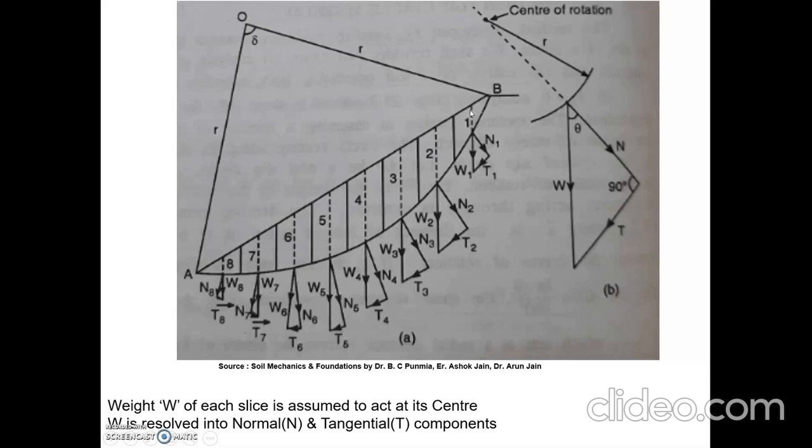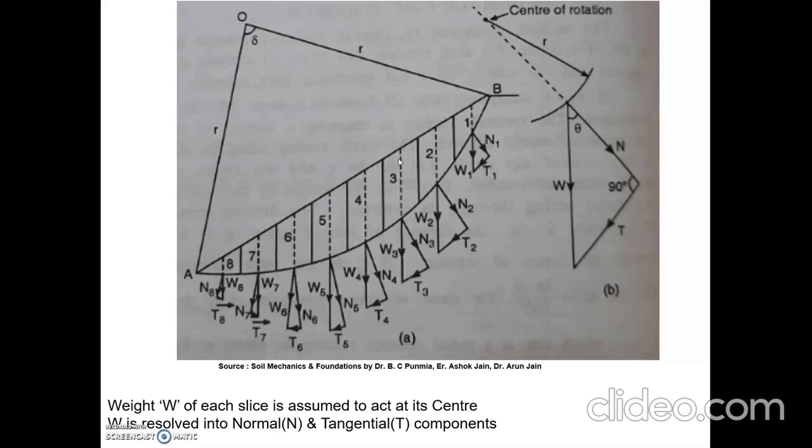So the dotted line indicates the center of slice 1. Here the dotted line indicates the center of slice 2 and so on for all the slices. And as shown in the figure, we can see that W1 is acting through the center of slice 1. W2 is also acting through the center of slice 2.